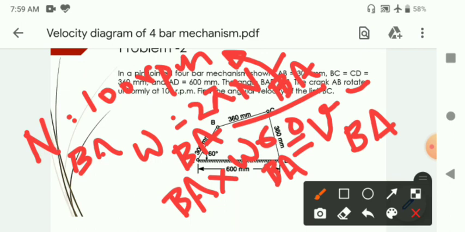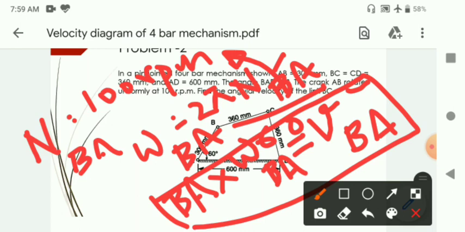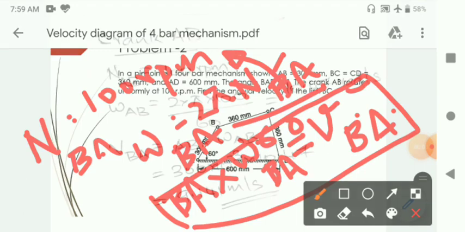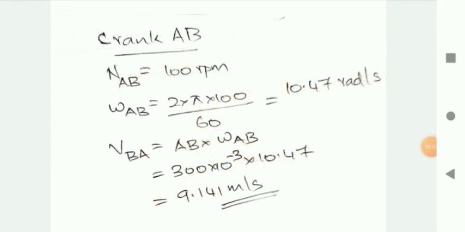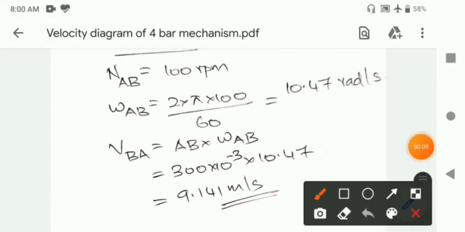Using this equation, you can convert the angular speed to angular velocity. Once you find the angular velocity, you can substitute in this equation and find the velocity of B relative to A. That is what I have calculated here. You will get the angular velocity of link AB as 10.47 radians per second. You multiply that with the length of the link AB.